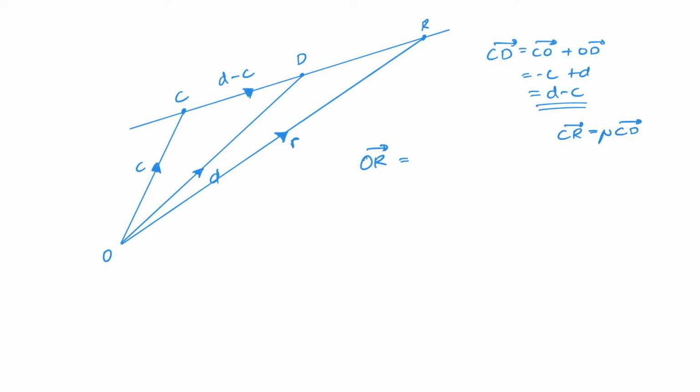So OR is going to be OC plus a multiple of CD. And OC is c, plus a multiple of CD, which is d minus c. And of course, OR is r. So that gives me this as my second type of equation.